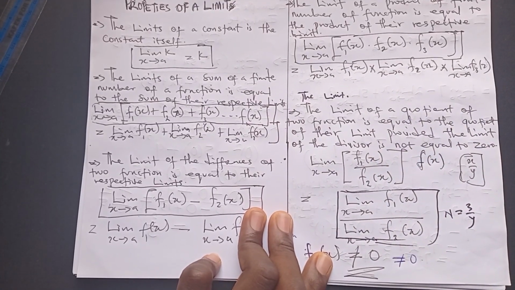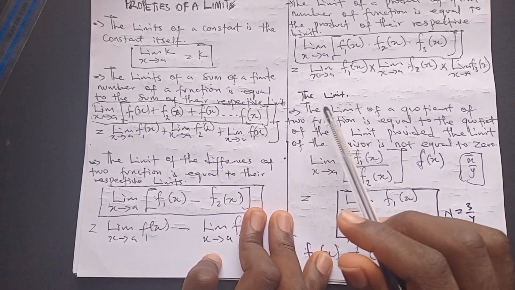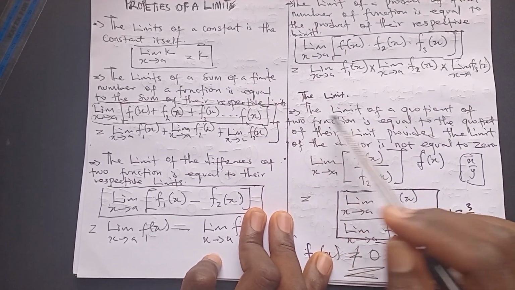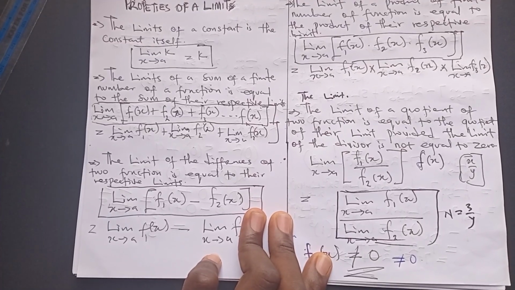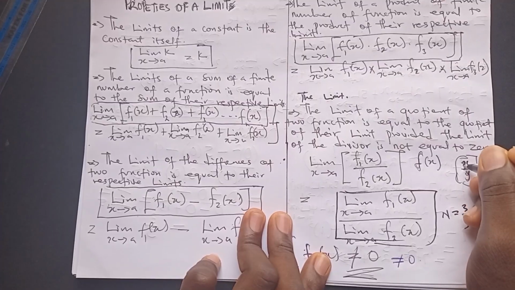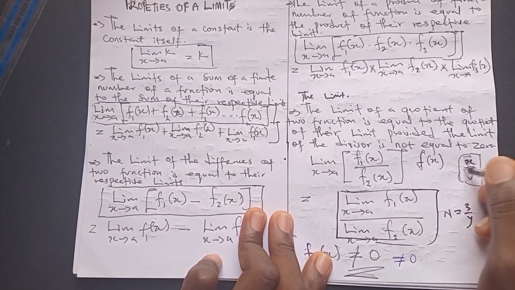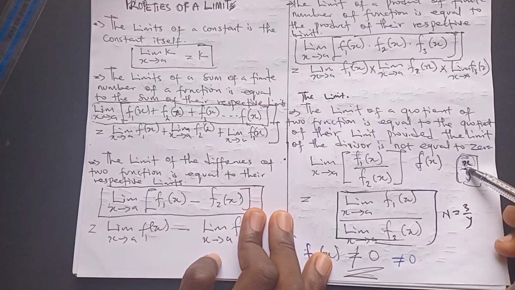So the next property states that the limit of a quotient, you know what a quotient is? This is a quotient. When a number is expressed like this, a given expression like this is called a quotient.